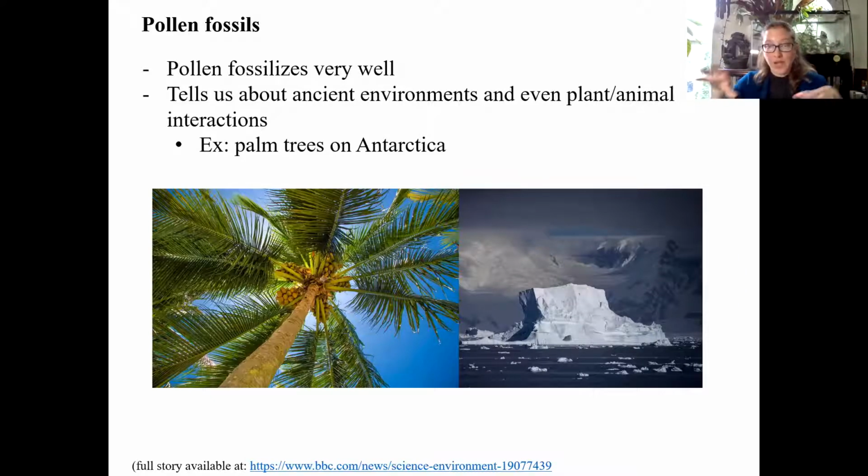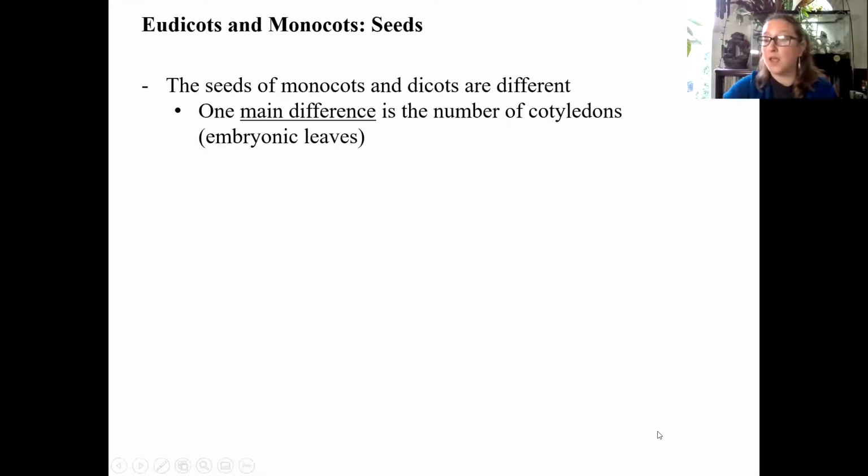During those times, Antarctica didn't always used to be at the South Pole. It used to be in other places, and when it was in one of those other places, at some point, there were actually palm trees on it. If you want to learn more about that, you can see the full story at the bbc.com link at the bottom of the slide.